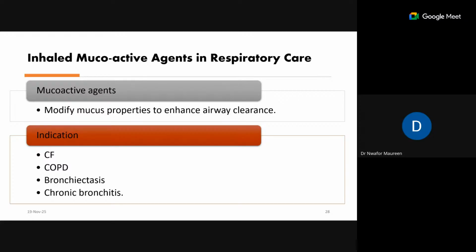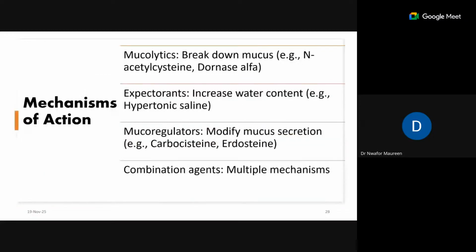We can use them to manage cystic fibrosis, COPD, including bronchitis, as the case may be. So it's still one of the agents we can use to manage respiratory disorders. How do they work?